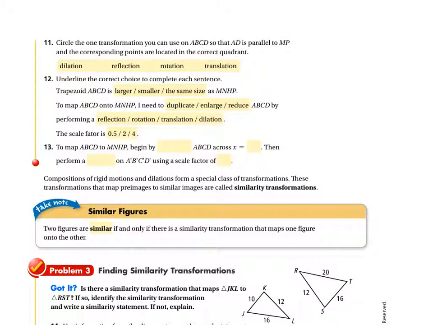All right, so over here we should have the following: a reflection circled, we've got larger, we've got a reduction, a dilation, and 0.5. So to map, we want to begin by reflecting. So that's going to be the first thing we do. It's much easier if we reflect first. So by reflecting ABCD across x equals, what do you think it's going to be?